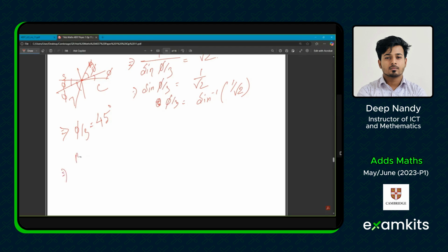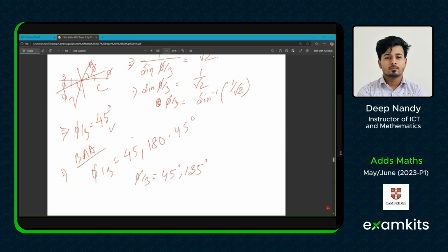Now doing the basic acute angle theorem, as sine is positive, 5 by 3 equals to 45, and also 180 minus 45 degrees, which is 135 degrees.